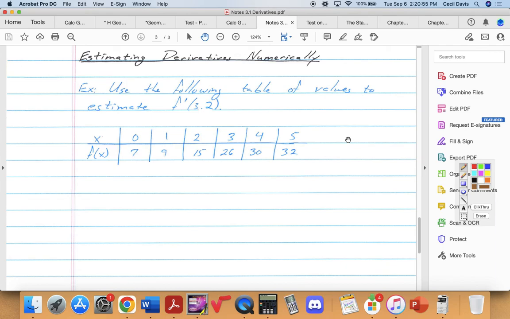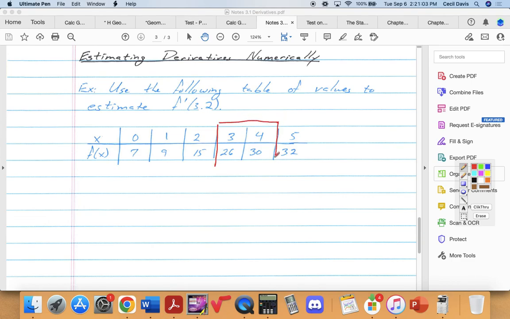So what I'm going to do is I'm going to choose the interval that contains 3.2. That's the smallest interval that contains 3.2 on this table. I could do bigger intervals, but I'd like to stick as close to it as possible. And all I'm going to do is find the slope on that interval.